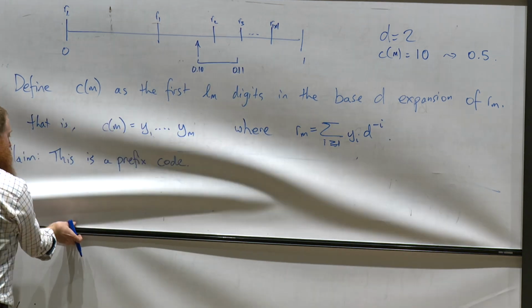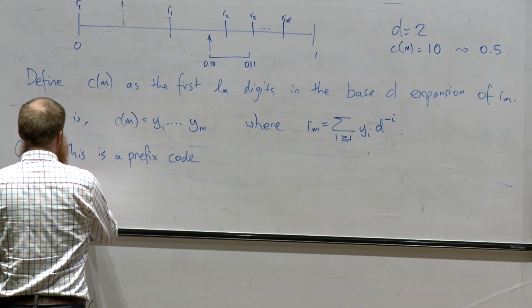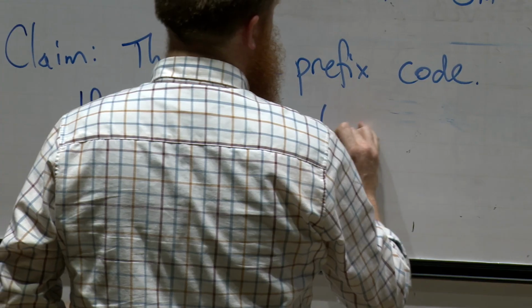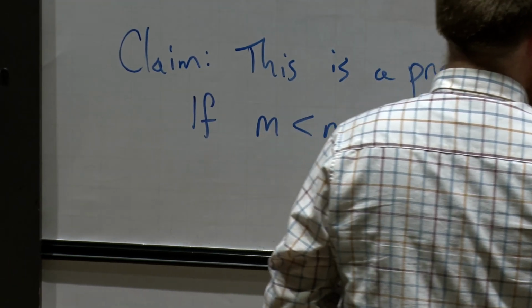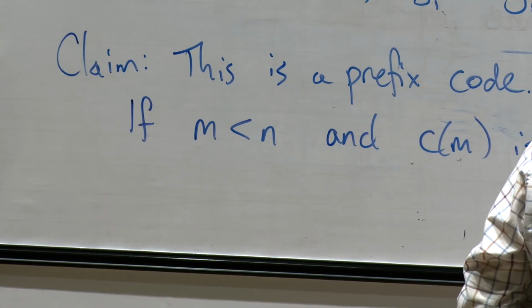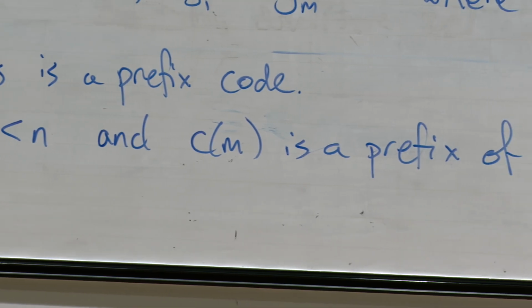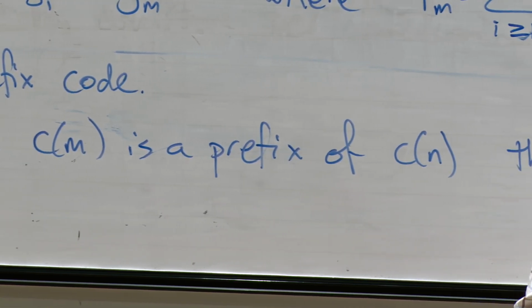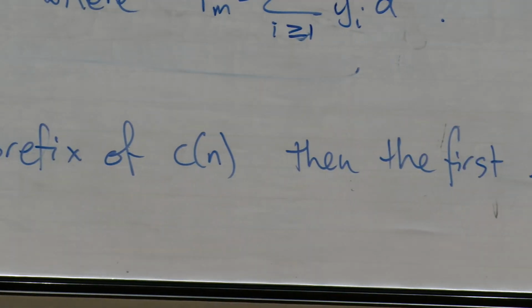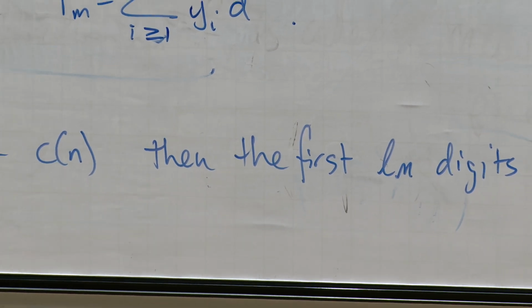Formally, suppose there exists m less than n and Cm is a prefix of Cn. Then the first Lm digits of Rm and Rn agree.